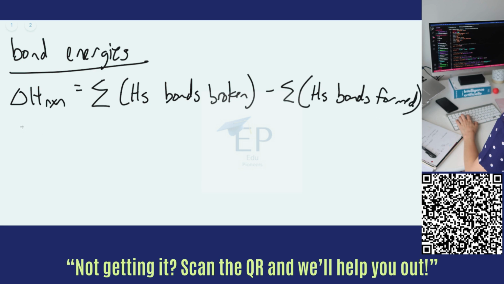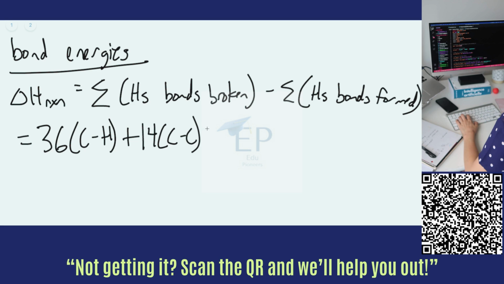Referencing the previous page from our octane, since we have two of them and 18 CH bonds, we have 36 total CH bonds plus 14 total CC bonds. And then we have 25 oxygens, so we have 25 O double bonds.